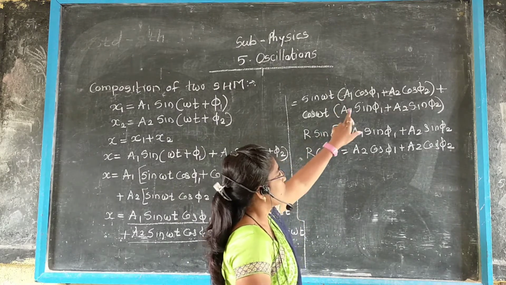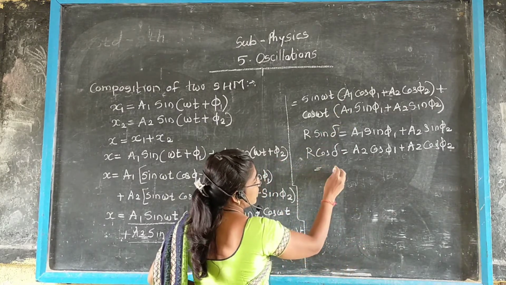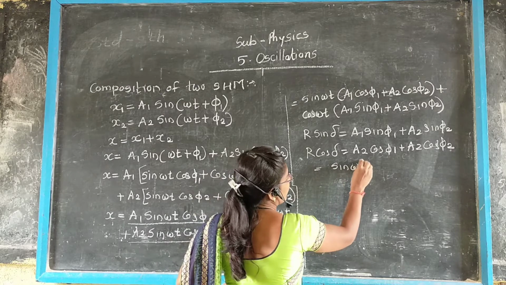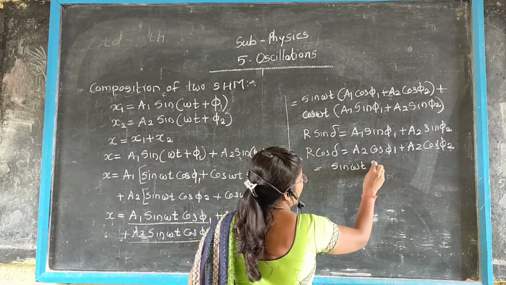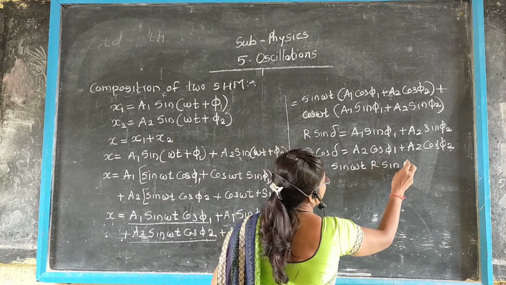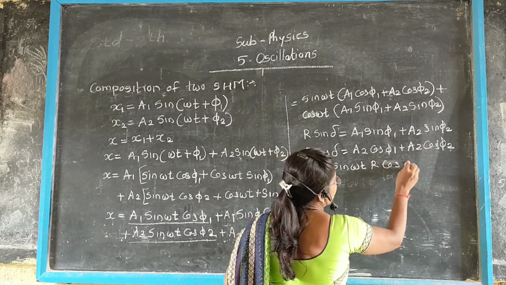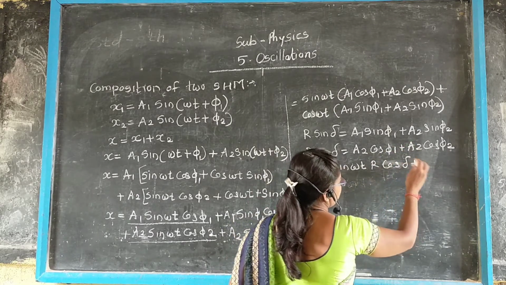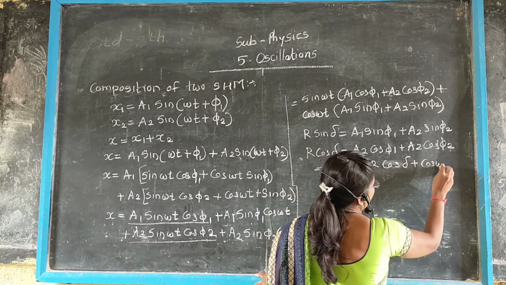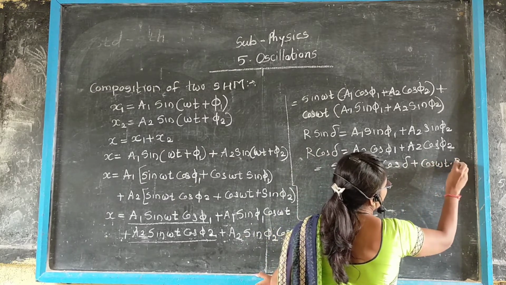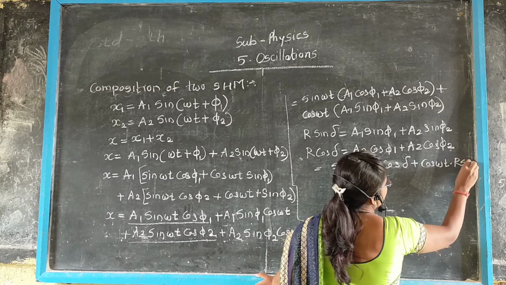Substituting these two values in the equation, we get sin omega t times r cos delta plus cos omega t times r sin delta.